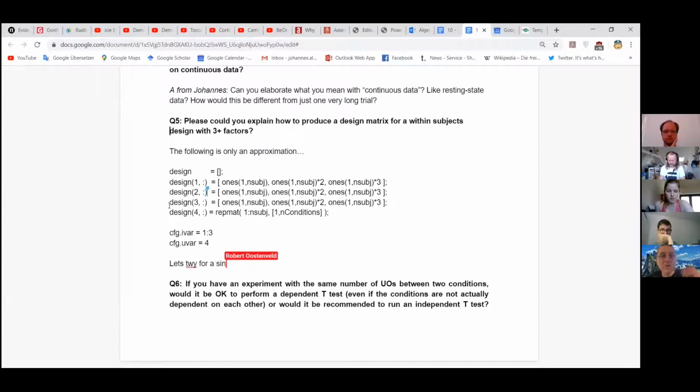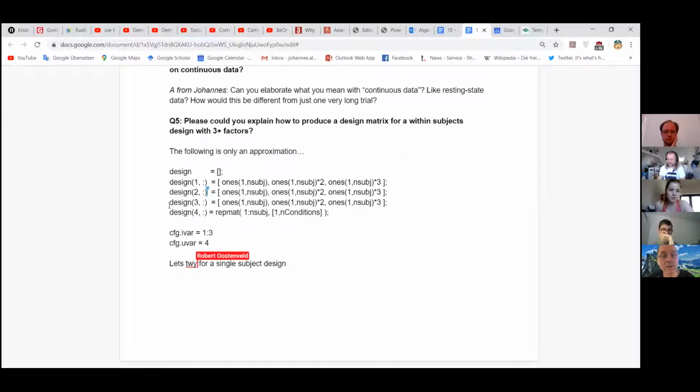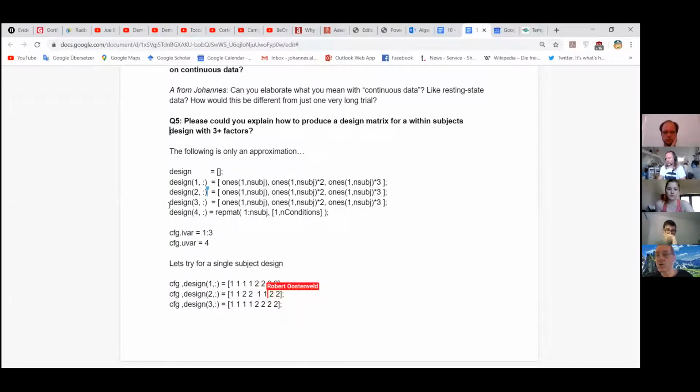Well, the way you do this here is by the number of columns in your design matrix is equal to 16 because you have 16 cells. And then you have 16 cells and you have 3 independent variables. And the independent variables are called EVAR.